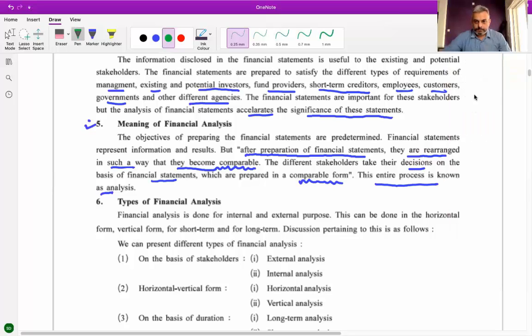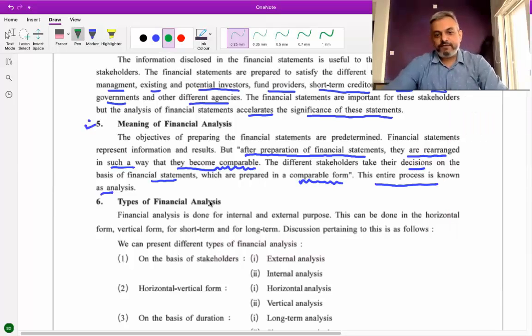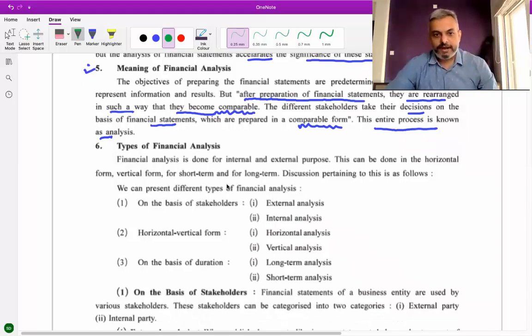Now, types of financial analysis. Financial analysis is done for internal and external. You may say, sir, what are internal and external? Internal is the company themselves, and the analysis they do for taking managerial decisions or for making further budgets or plans for the company.